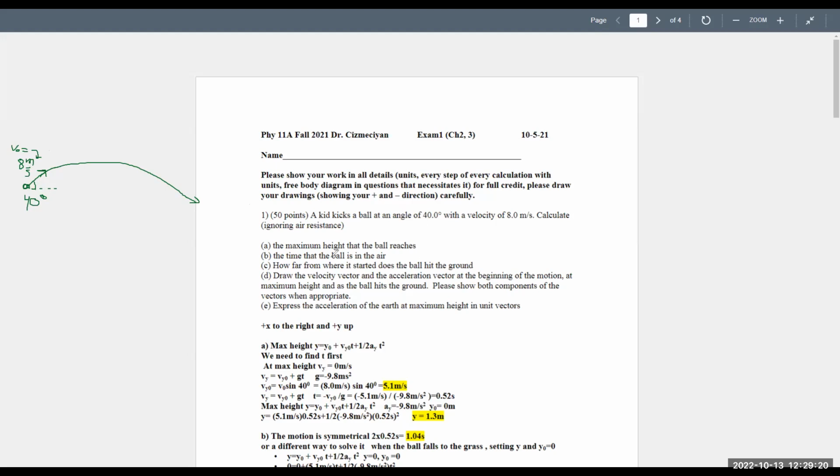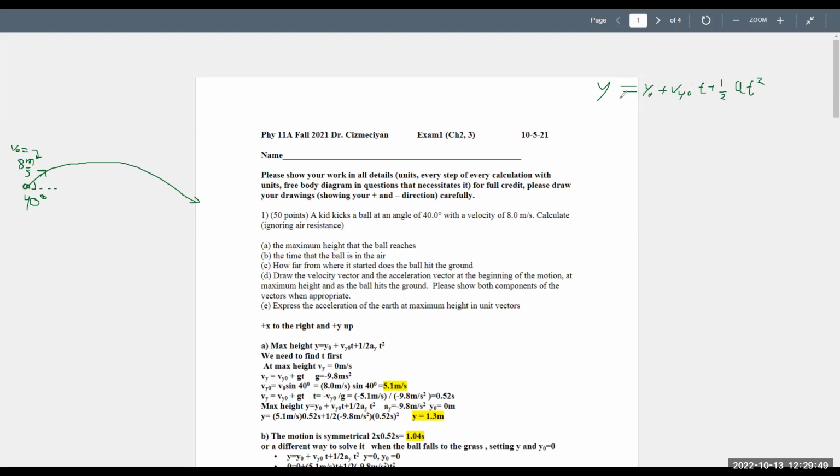So then it asks for the maximum height. And you actually can't find the maximum height yet, because your kinematics equations, y in our case: y is equal to y naught plus v naught t plus 1 over 2 a t squared.